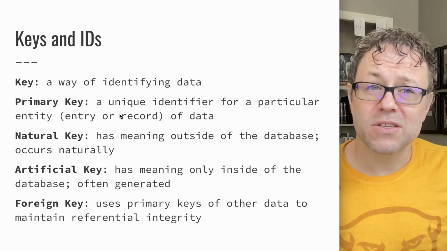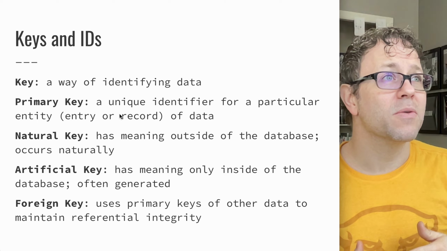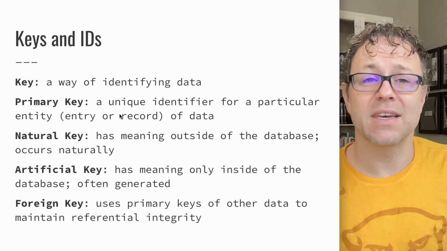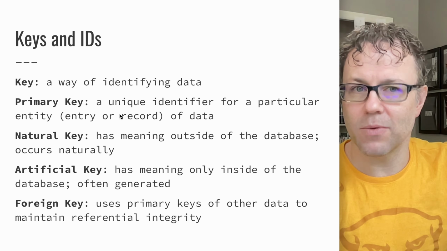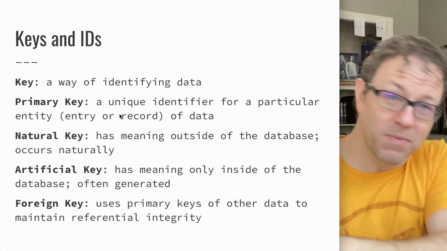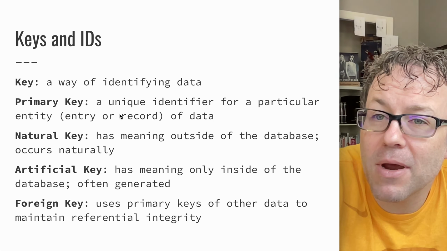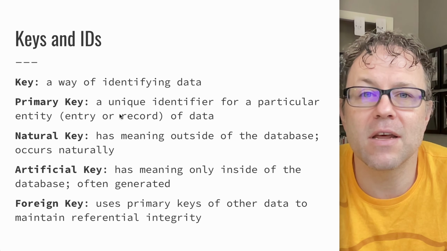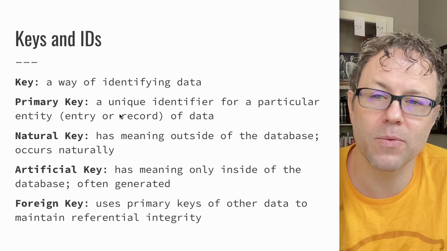So keys are ways to identify data. This allows us to create some way to say this is the data, this is the unique record that we have here. It's defined by this. It allows us to distinguish John Smith here from John Smith here if those are two different people. Primary keys are a unique identifier for some particular entity, some record, some entry of data that we have.